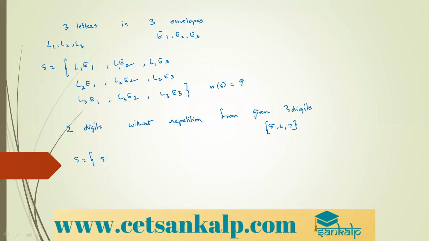The possible numbers are 56, 57, 65, 67, 75, 76, because repetition is not allowed. So N of S is 6, which is nothing but taking 2 digits from 3 digits and arranging them, 3P2. N of S can be written as 3P2, that is 6.